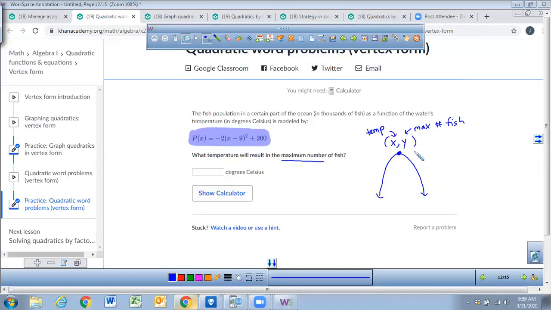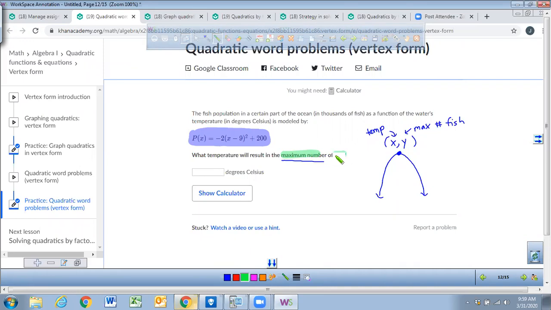Somebody's making a noise in the back. All right, so what's the question asking for? The maximum number of the fish or the temperature? It's asking for the temperature, right? What temperature will result in the maximum? So here's what you guys have to understand. Now this one, you're going to be looking for the X value of the vertex.